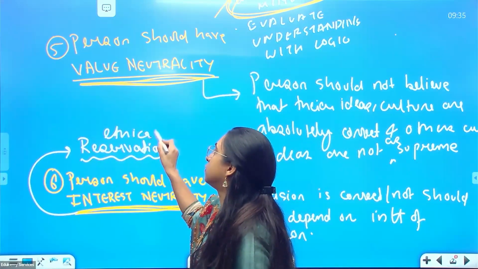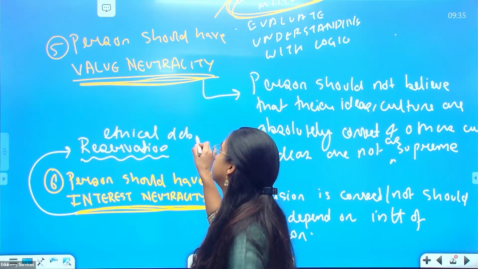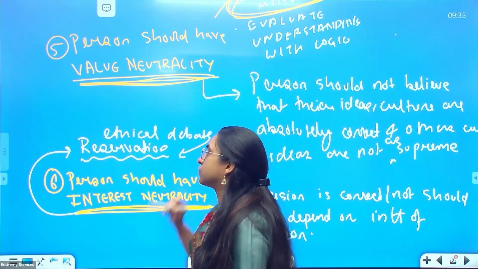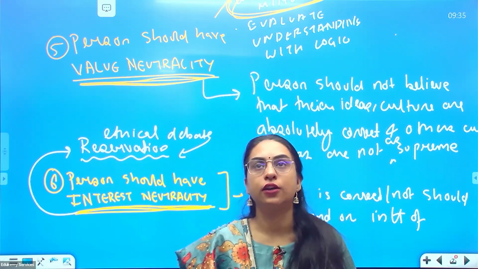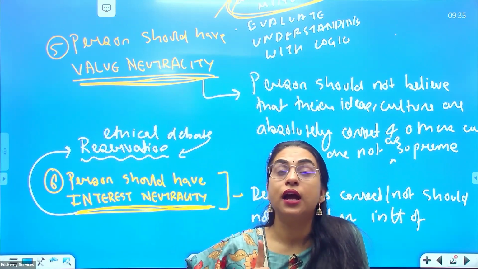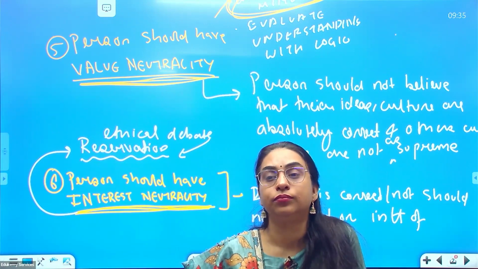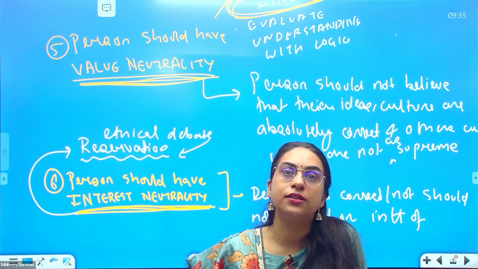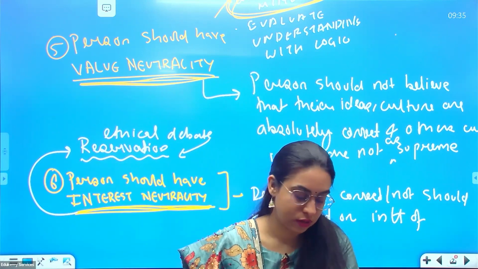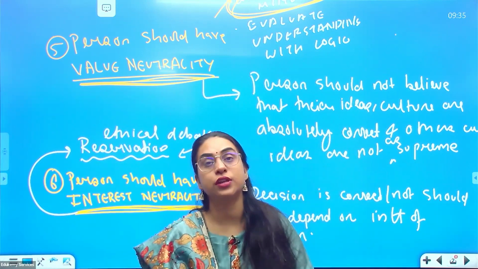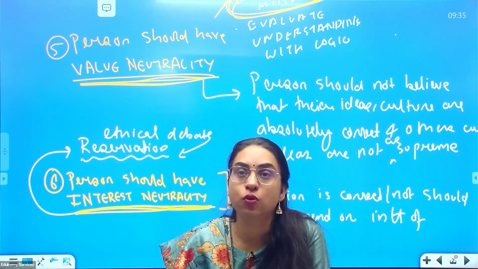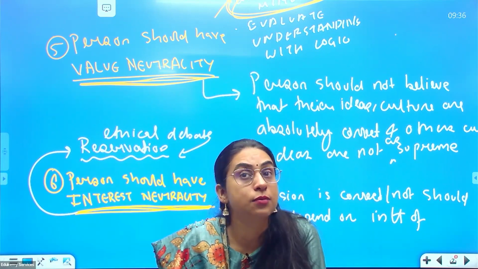A debate on reservation, whether reservation is correct or not. So my argument should not be depending on मुझे reservation मिल रही है कि नहीं. It should not happen that if I am getting reservation, I'll argue for the reservation, and if I am not getting reservation, I will argue against the reservation. No, that is not what ethics demands from you.